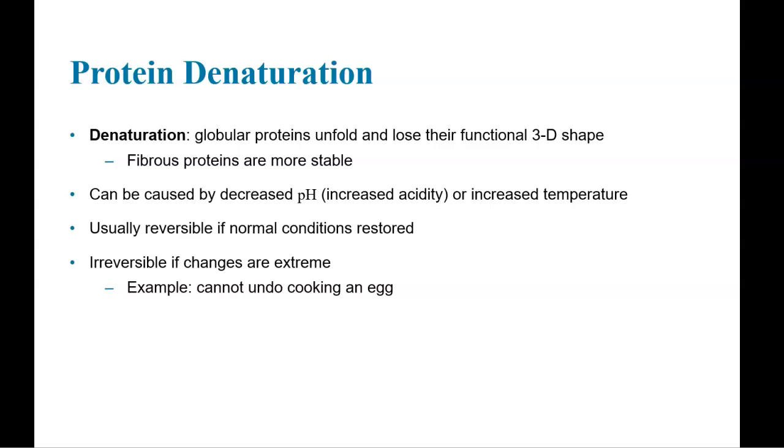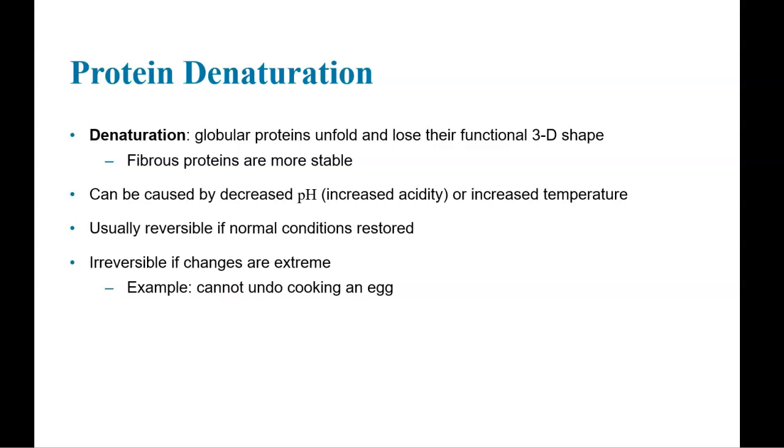They have more of a structural function. Fibrous proteins include actin and myosin, which are found in muscle cells. There's keratin, a protein that makes up things like your hair and nails, and then there's elastin, which is found in connective tissue.